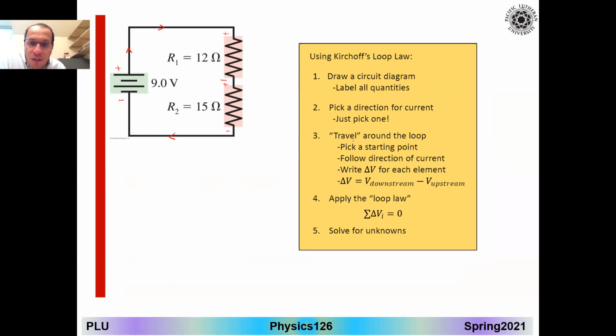Now the third step, I travel around. I will select this point here as the starting point and travel around this path. The first element goes positive to negative, the current goes that way, so here it should be positive 9 volt. For the resistors, from positive to negative, I have the current I here, but not plus, it is minus.